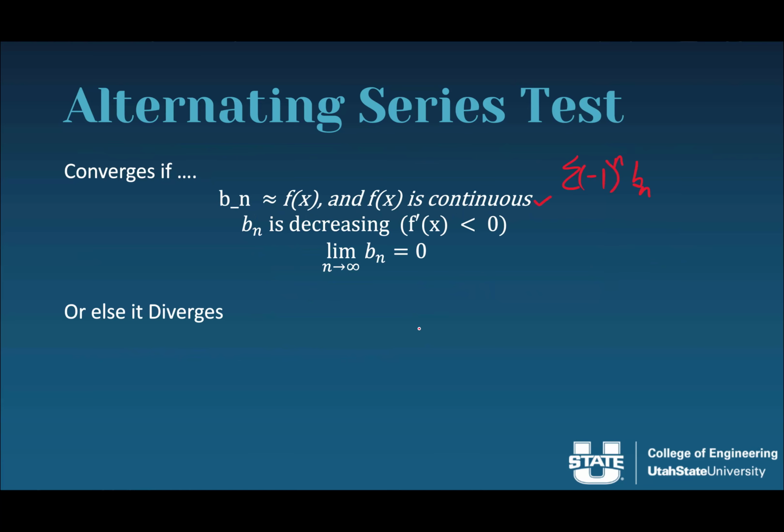And the limit as n goes to infinity of b sub n is equal to 0, then we know it converges. Okay? And what all that is saying is what I was showing you earlier, where it's going like this, and then getting closer and closer to 0 and converging. Or closer and closer to some other number, but it's converging. Yes?